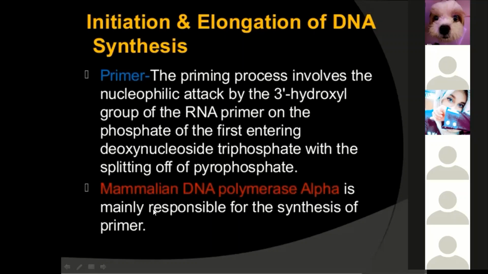DNA polymerase alpha is mainly responsible for synthesis of the primer. So this one is also called primase. DNA polymerase alpha has the property that it is a primase also, which is responsible for synthesis of the RNA primer.